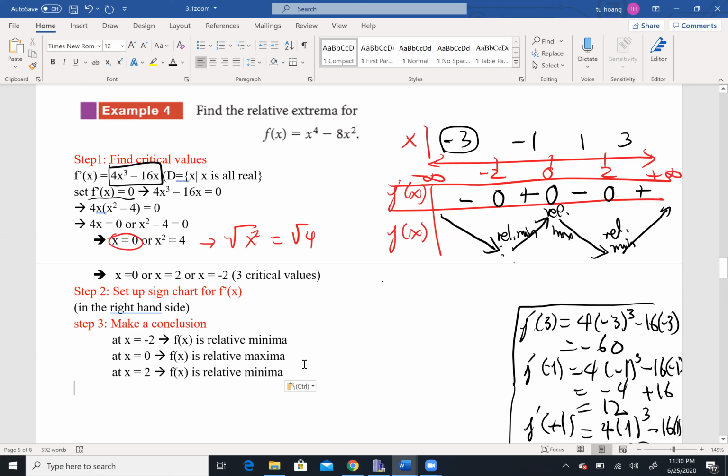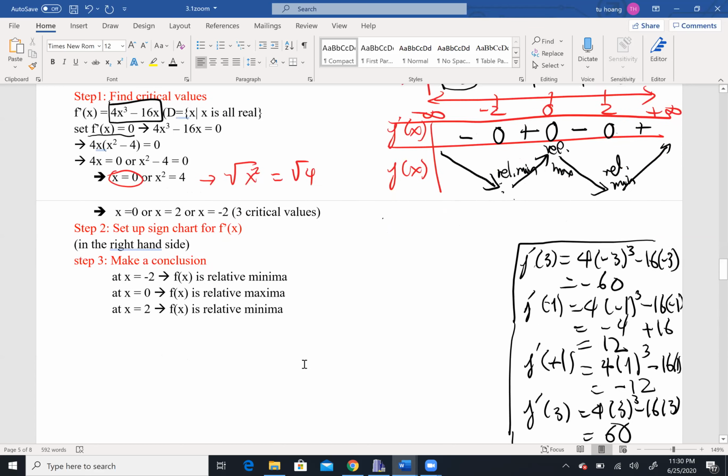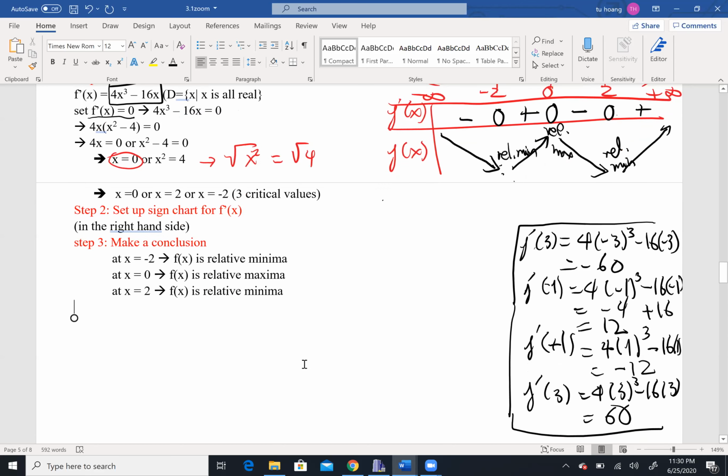if x equals negative 2, f of x is a relative minima. If x equals 0, f of x is a relative maxima, and if x equals 2, f of x is a relative minima. I can even change this to become negative 2 here. We want to know what is that value?